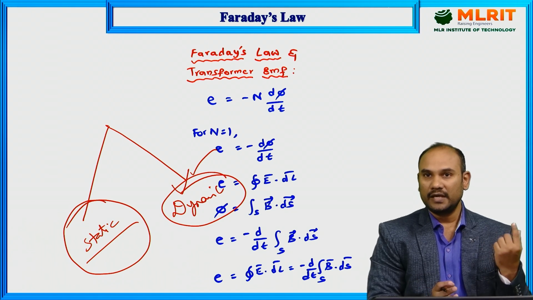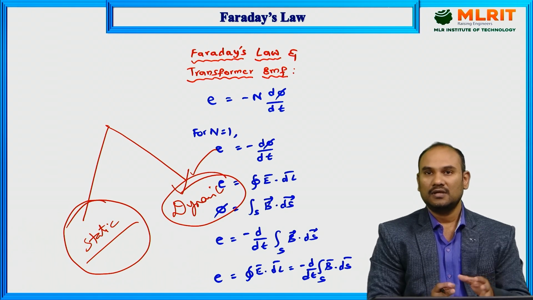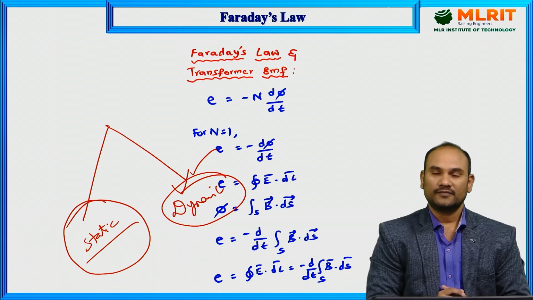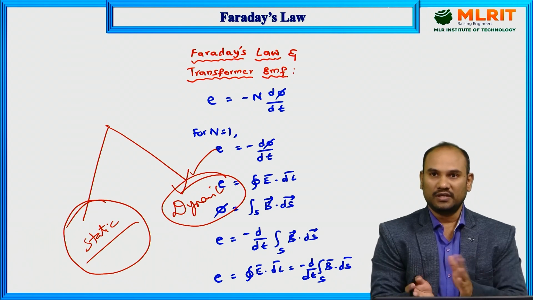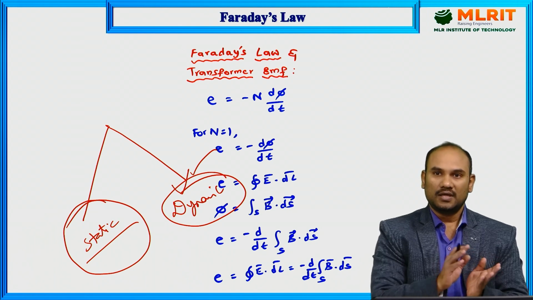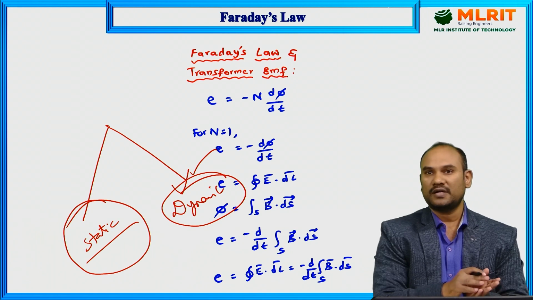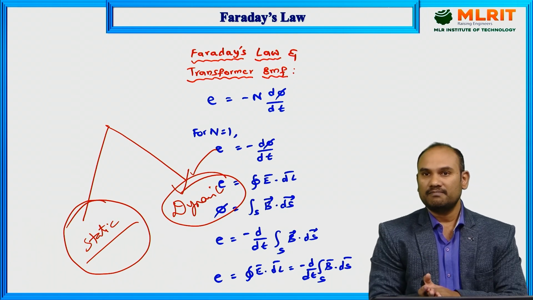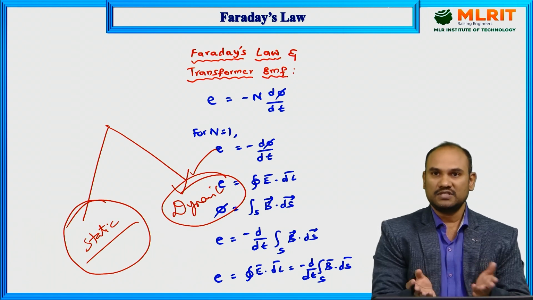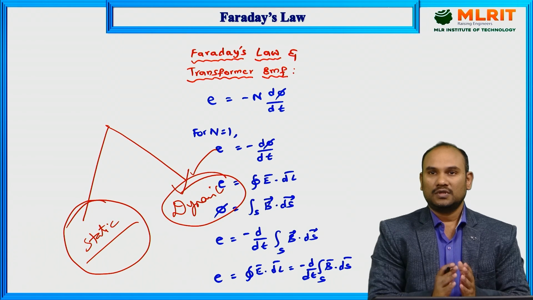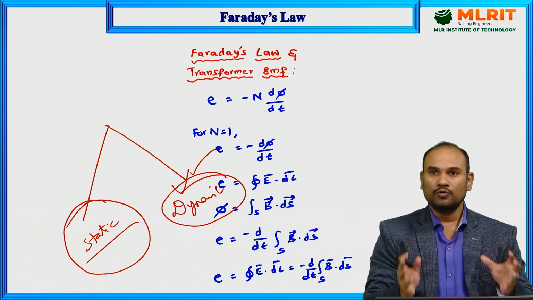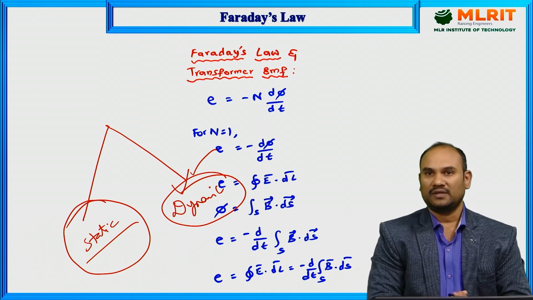Previously they were independent of each other, now they are interdependent. One depends on the other mutually. The time varying electric field is dependent on the time varying magnetic field, and the time varying magnetic field is dependent on the electric field, vice versa. Now, there is a link between the two fields in the dynamic domain.